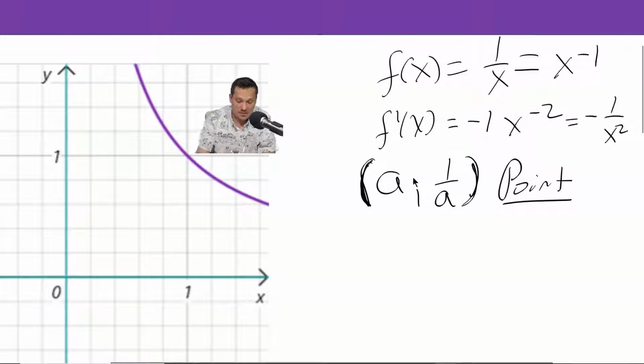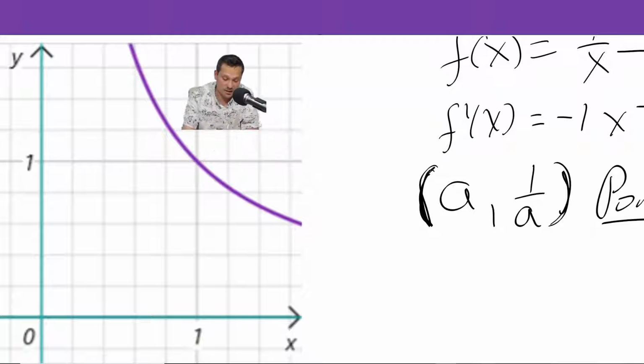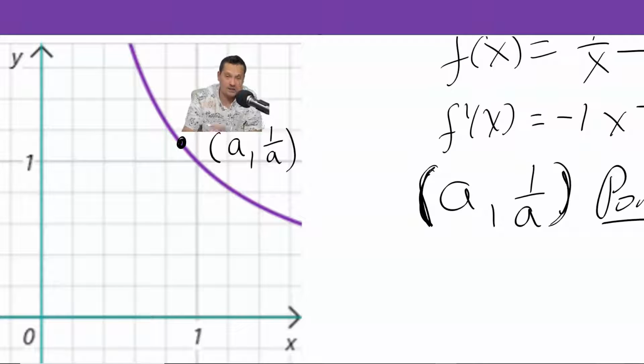So what I mean is, specifically take a look. It's as if we had an arbitrary point on this graph, some point somewhere. This is one of the portions of 1 over x. So for example, let me just choose this arbitrary point. So at that point, x is the value a, and when you plug it into the function, you get 1 over a as the y-coordinate.